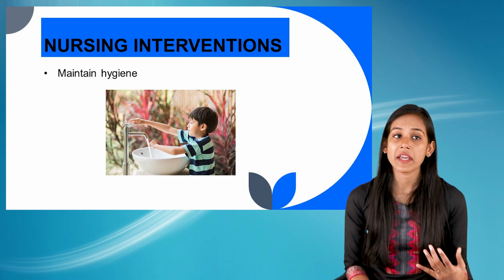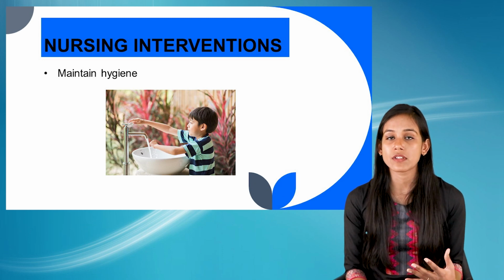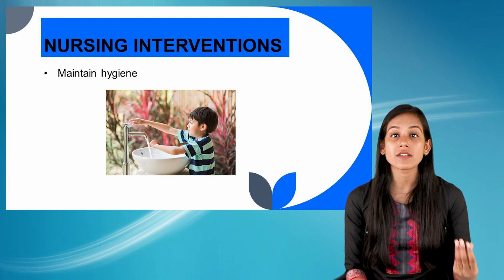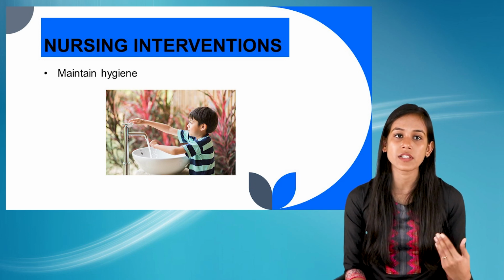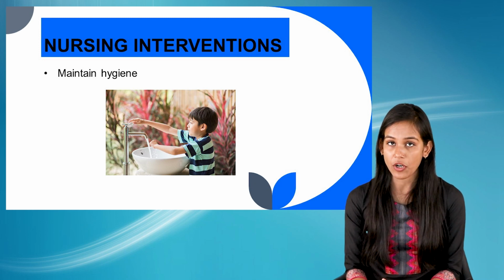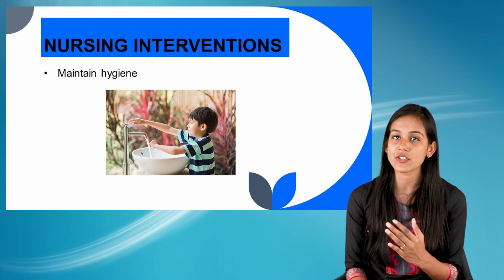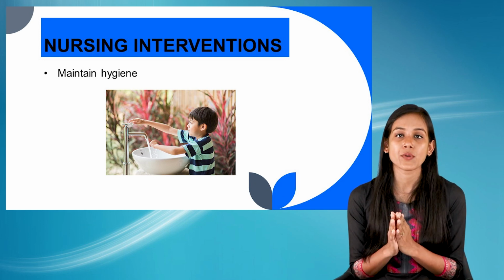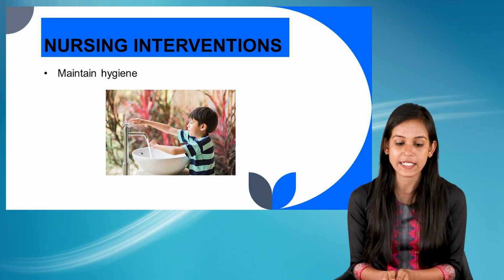We have to make sure that the child is not sharing any personal hygiene products, or if the mother is positive, she is also not sharing any personal hygiene products. Also, the child, or the mother if she is infected with hepatitis, should have an individual bathroom.